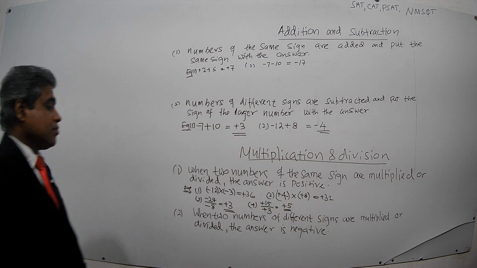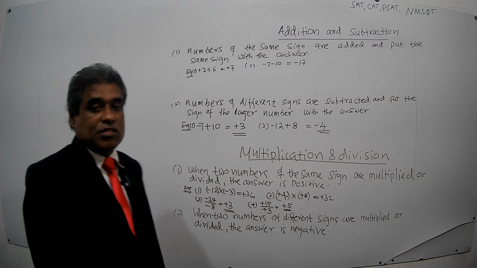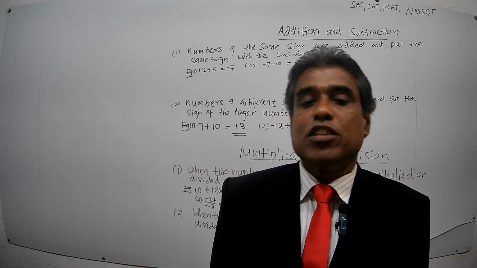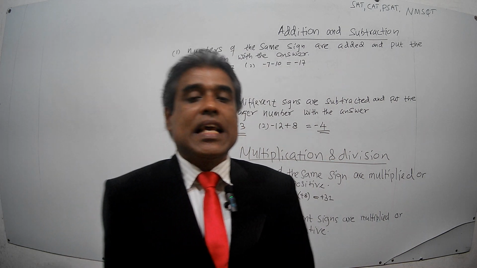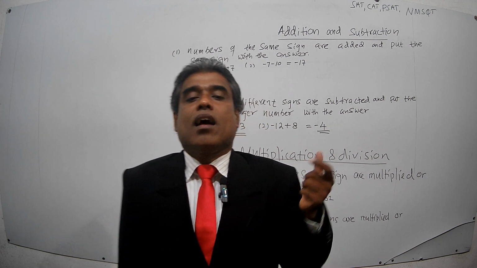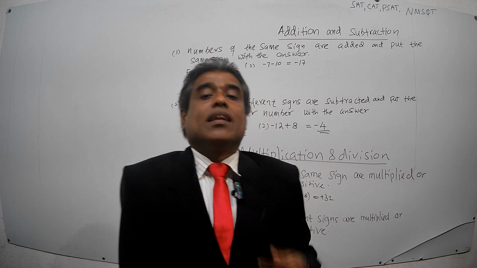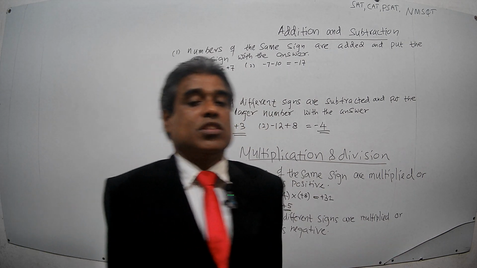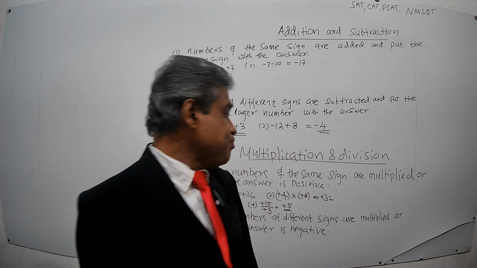So that is how you multiply and divide a pair of numbers of the same sign. Two numbers of the same sign are multiplied, the answer is positive. Two numbers of the same sign are divided, the answer is positive. That's quite simple.